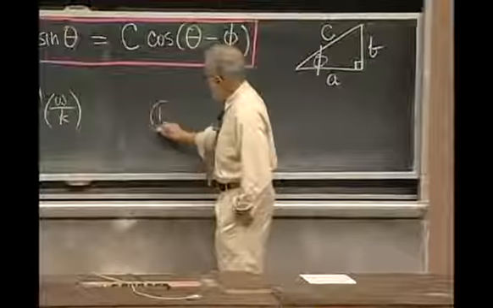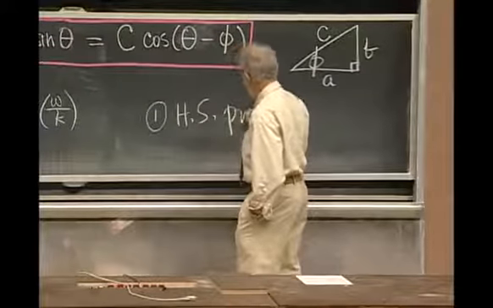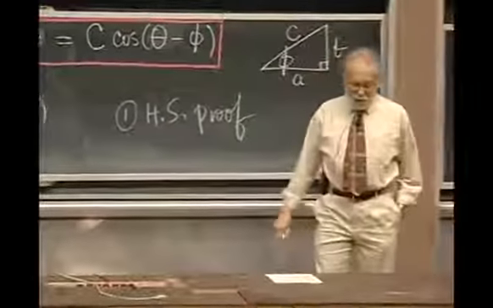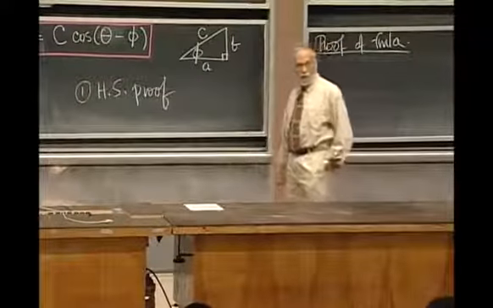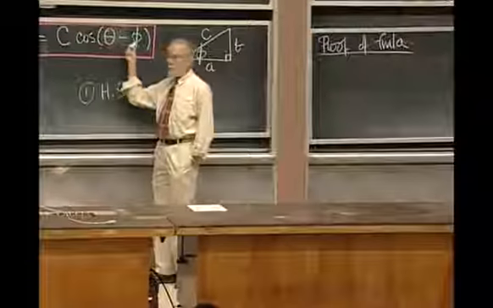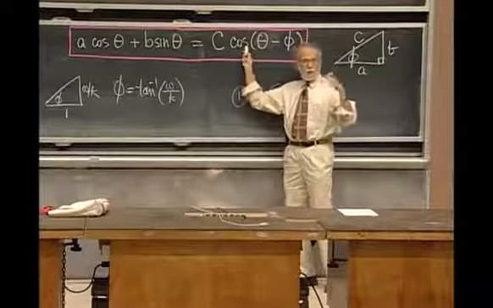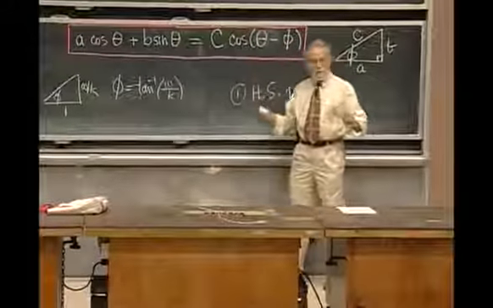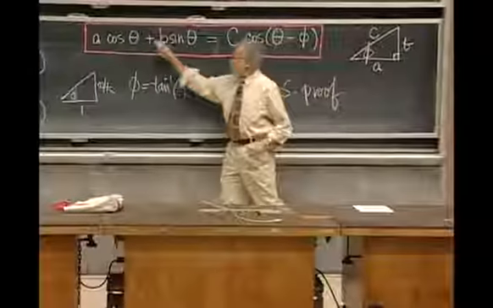There is the one I will not give you, I'll call the high school proof, which is the only one one normally finds in books, physics textbooks or other textbooks. The high school proof takes the right-hand side, applies the formula for the cosine of the difference of 2 angles, which it assumes you had in trigonometry, and then converts it into this.